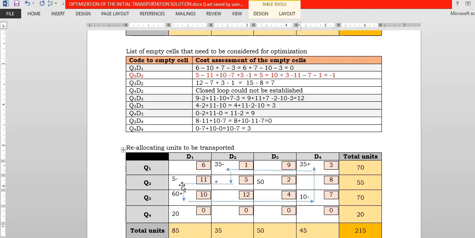So we shall rotate the 5 in the sense that where there is a negative, we remove 5. Like now here we shall remove 5. Where there is a positive, you add a 5. So like here, we shall add the 5. Then here, we remove the 5. Then here, we add the 5.